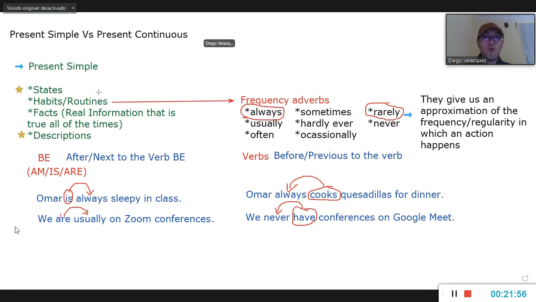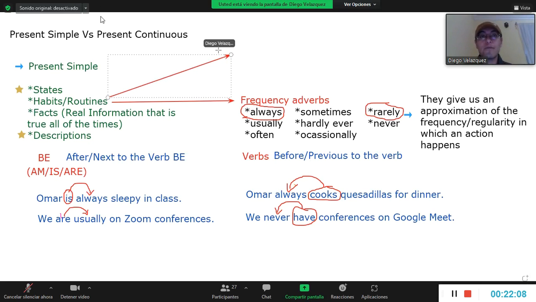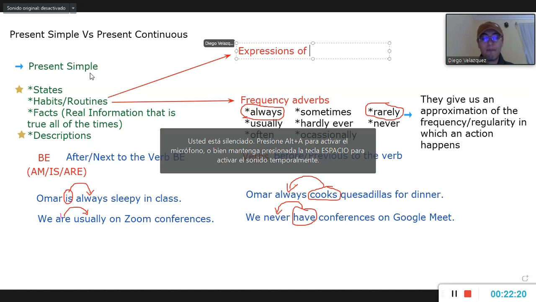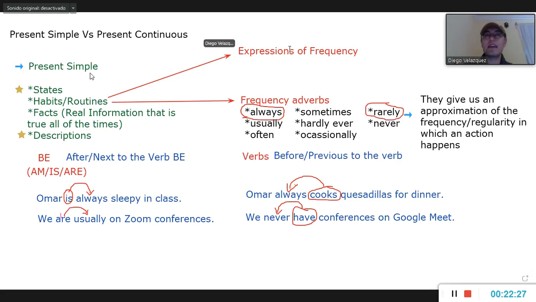Okay. So for routines or habits, guys, we have the frequency adverbs. Don't forget the correct collocation in the sentence. But apart from the frequency adverbs, people, remember that we also have these words or phrases that we call expressions of frequency. And well, what happens in the case of expressions of frequency, guys?